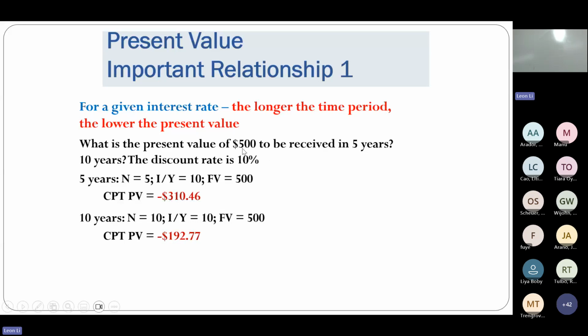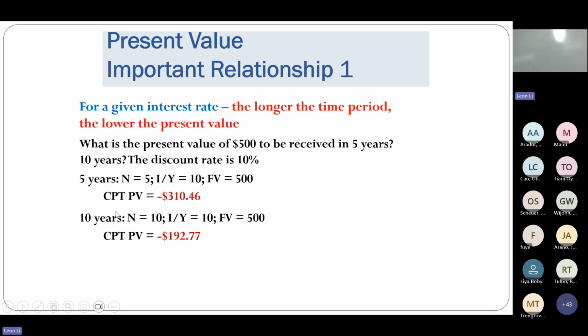What is the present value of $500 to be received in 5 years or 10 years if the discount rate is 10%? When I see the discount, future money involves risk, so we have a discount.